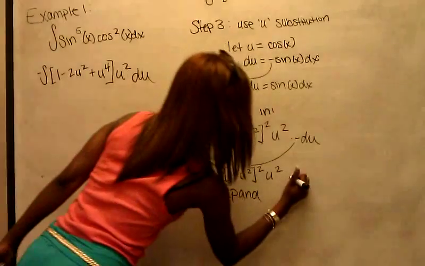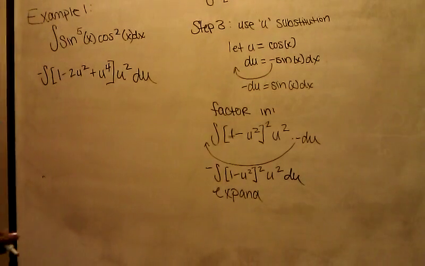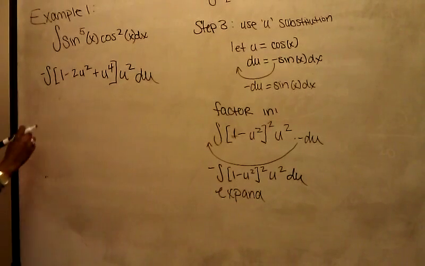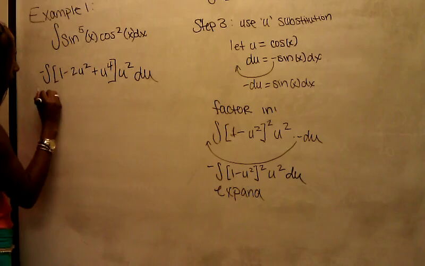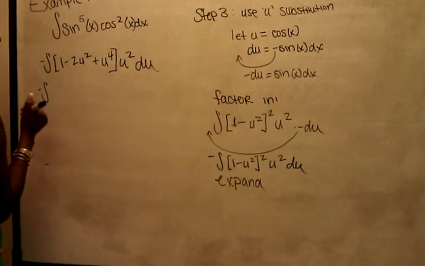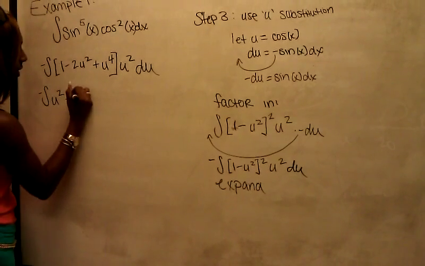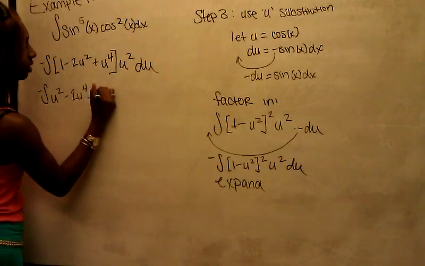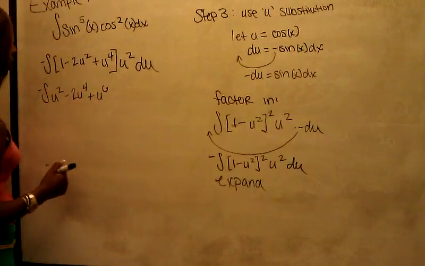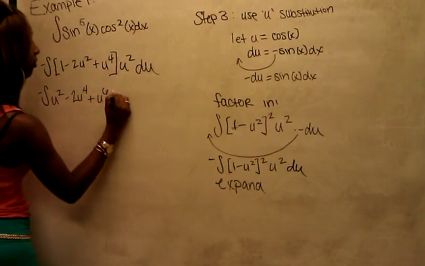And then now we're going to make things even easier. We're going to distribute this u squared, and it was negative times the integral of u squared minus 2u to the 4th plus u to the 6th du.